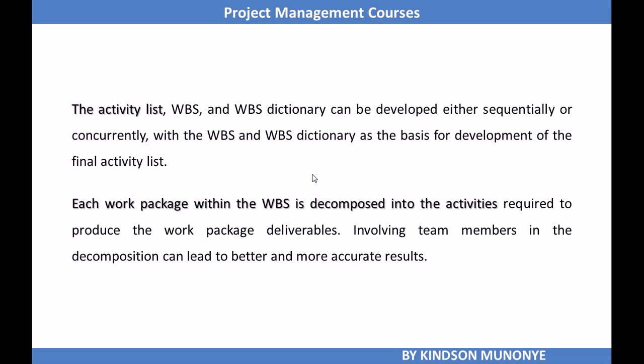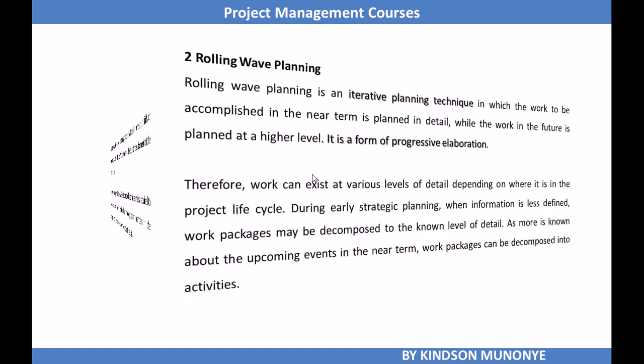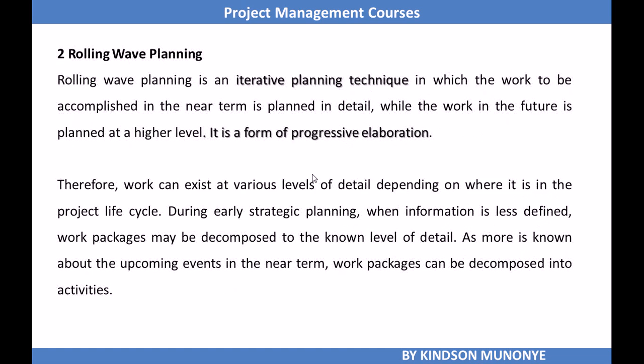All these can be developed sequentially or maybe in parallel, with the WBS and WBS dictionary as a basis for development of the activity list. Each work package within the WBS is decomposed into activities required to produce the work package deliverables. Involving team members in the decomposition can lead to a better and more accurate result.